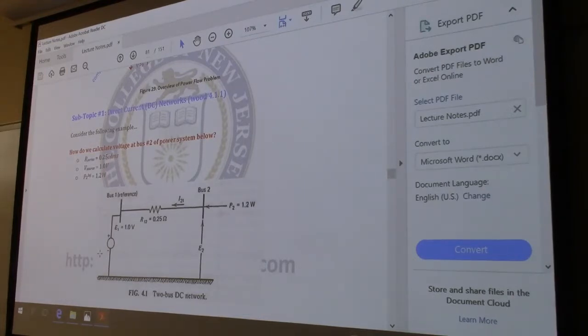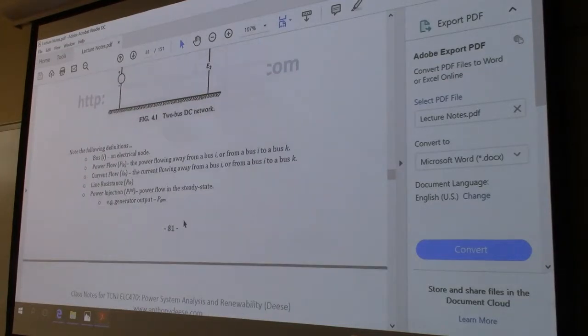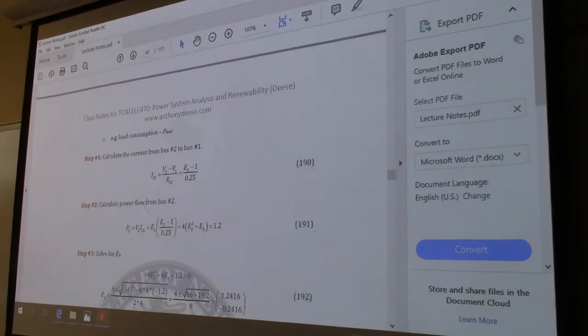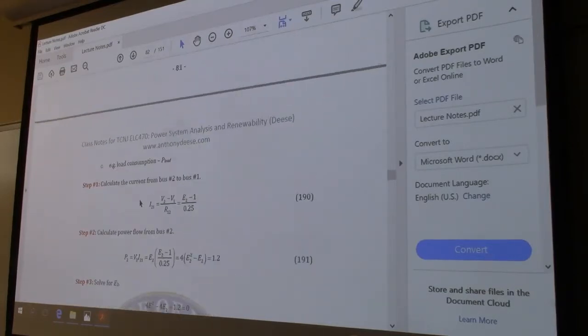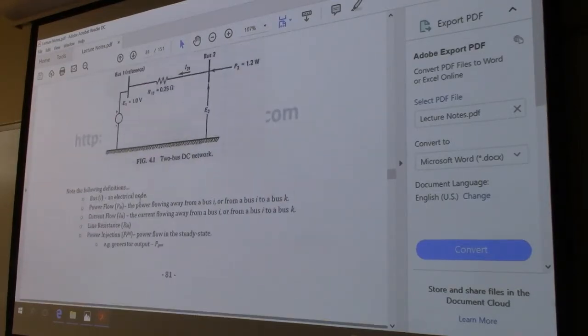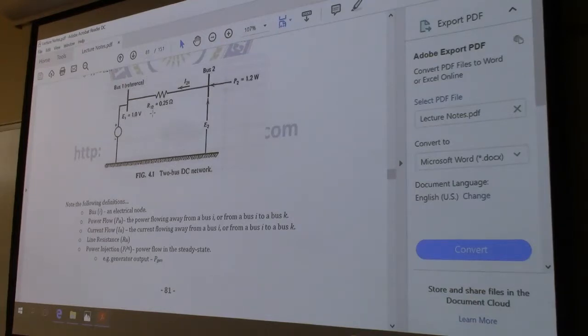So how would we solve this? For this one, we can just set up some basic equations in order to solve. It's a really, really simple version of what we're going to be looking at later on. So this is one I think that's really intuitive.